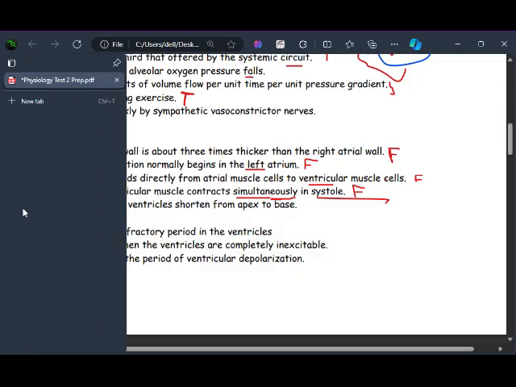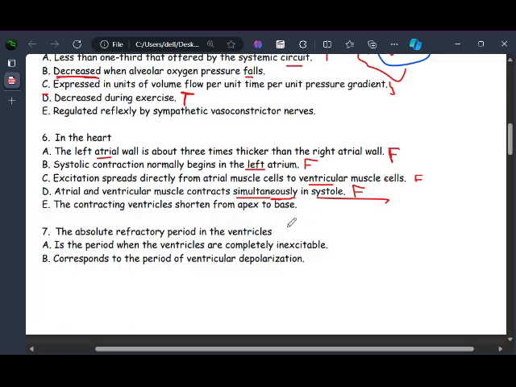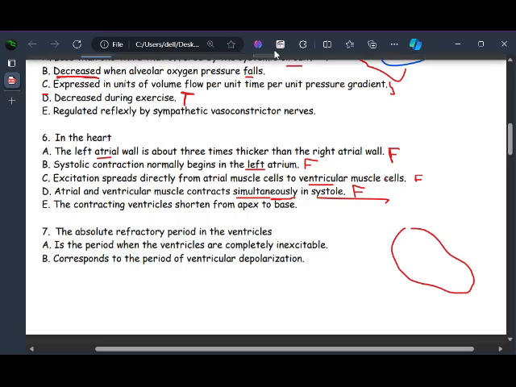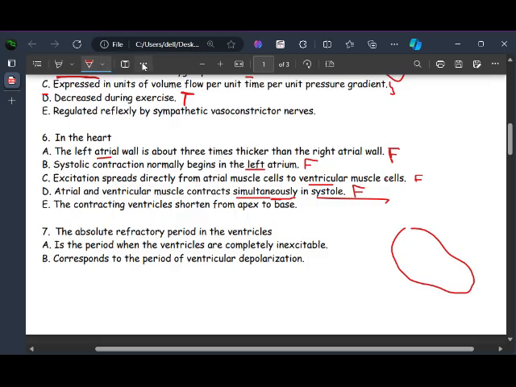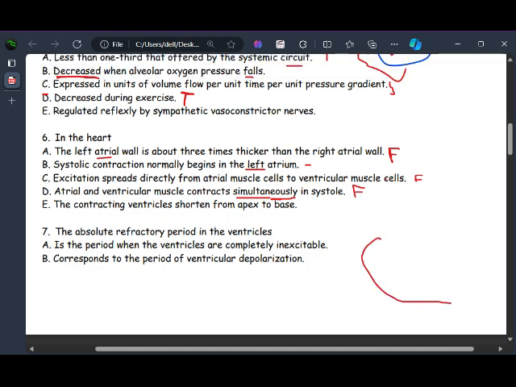E, the contracting ventricles shorten from apex to base. If you look at the heart, it looks like a mango. It has a pointy end here, which is what is called the apex, and at the back you have what is known as the base.